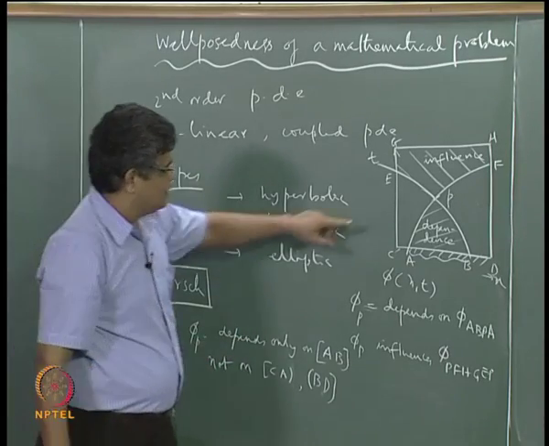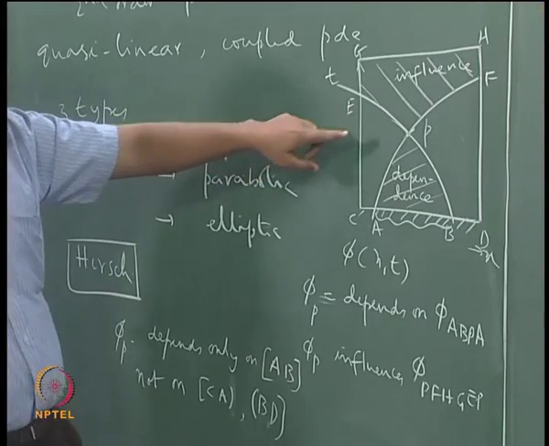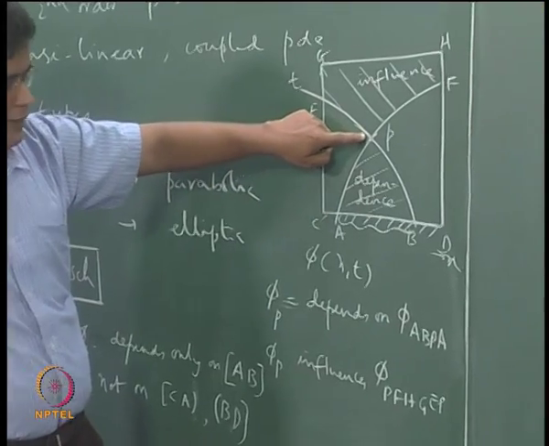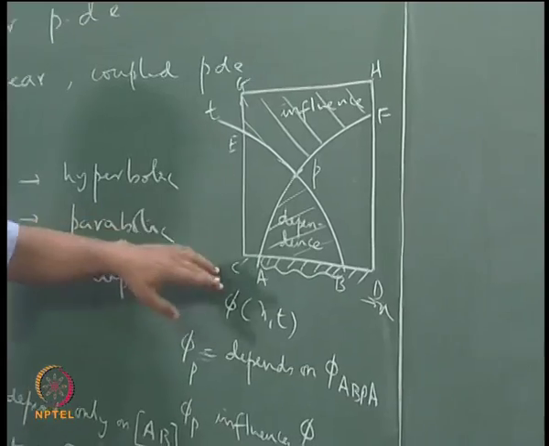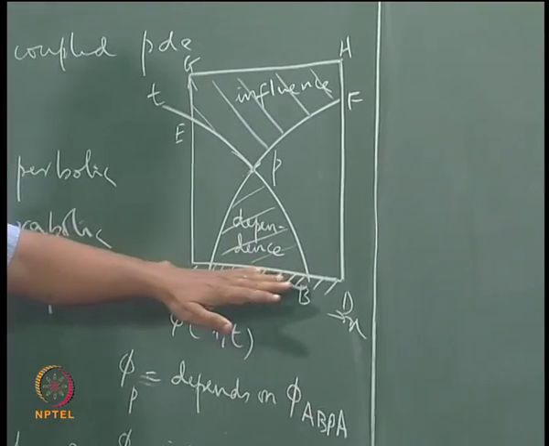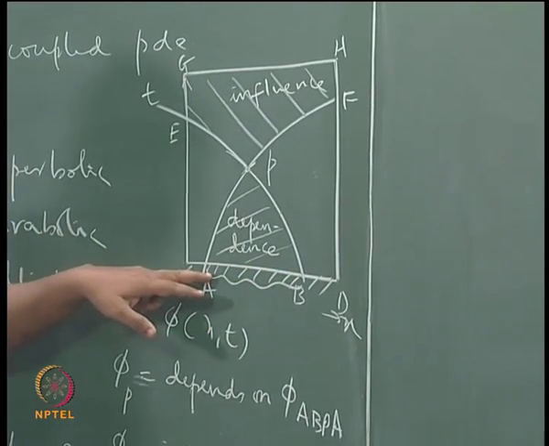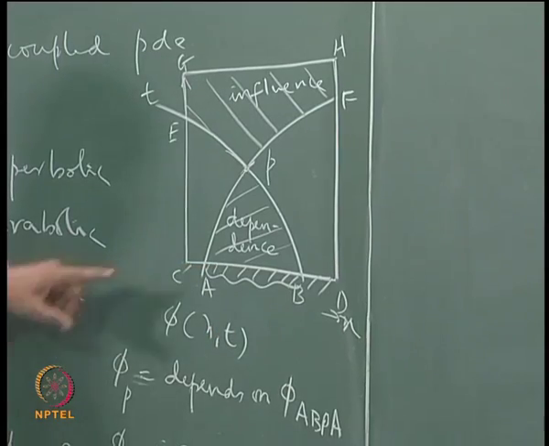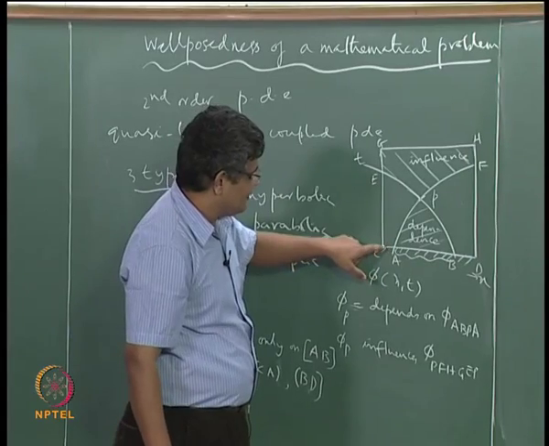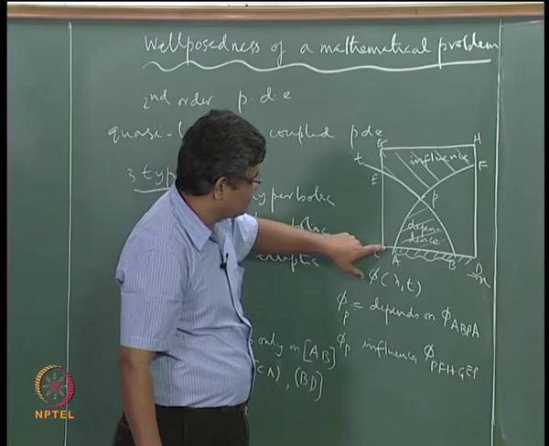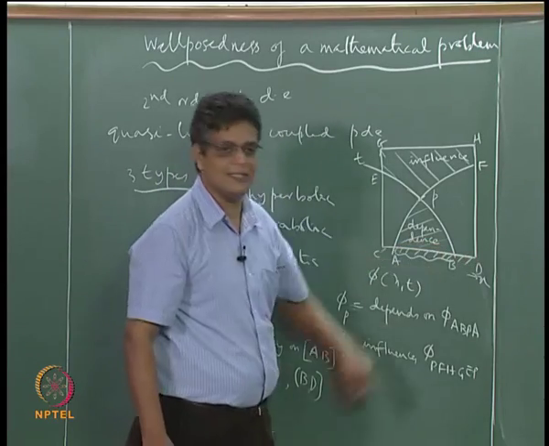That means that the true solution of phi at this particular point P will be continuously varying with any changes in boundary condition of point A and B, but not with any changes in the boundary condition between point C and A or between B and D.